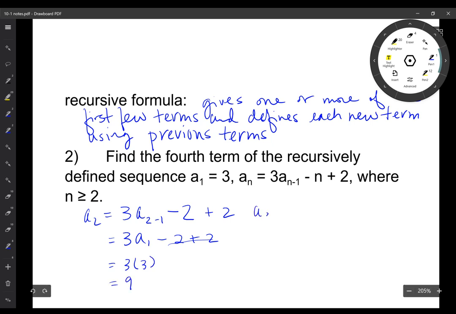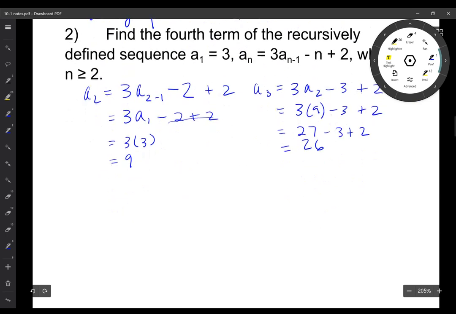Now, if I want to find A sub 3, that means I do 3 times A sub 2 minus 3 plus 2. So that's going to be 3 times 9 minus 3 plus 2. So 27 minus 3 plus 2, or 26. Okay, A sub 4 now, the one I actually want.